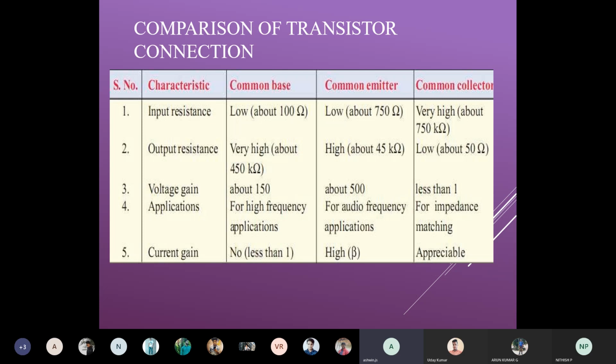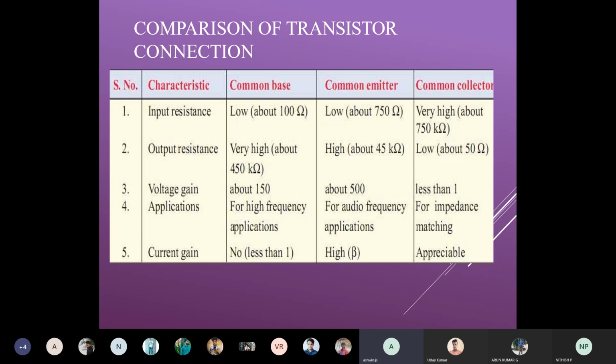Audio frequency application means, like a TV having an amplifier inside. I'm increasing the volume, right? So audio, as well as home theaters. So wherever you are increasing the volume, those are nothing but audio application devices. Okay, so in that, the common emitter configuration they will implement.